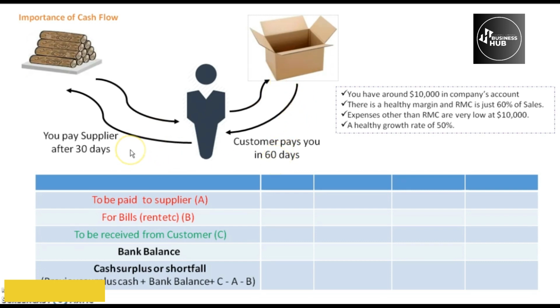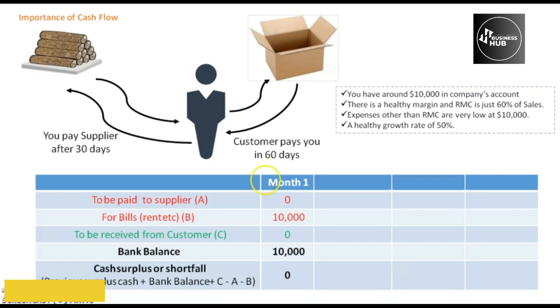So imagine that you purchased raw material on the 15th of a month. You will be paying your supplier on the 15th of the next month. Whereas if you have supplied something to your customer, they will be paying you after 2 months.